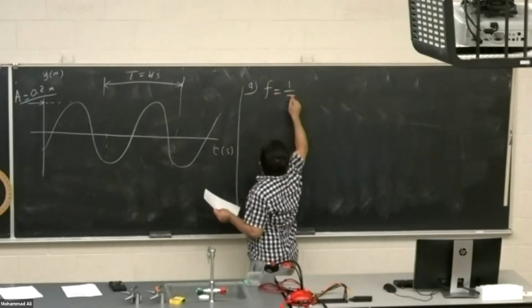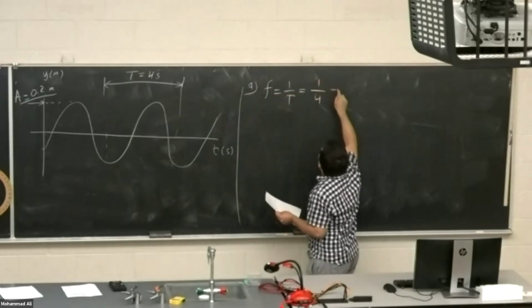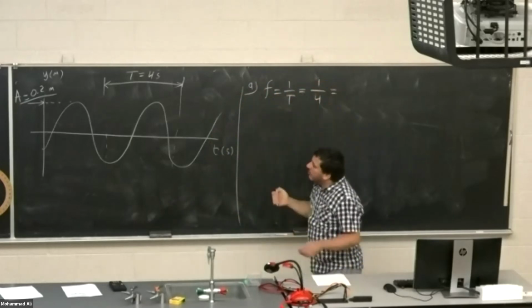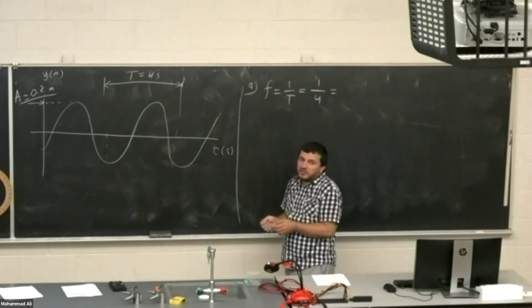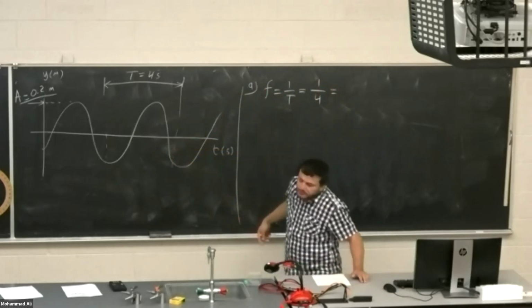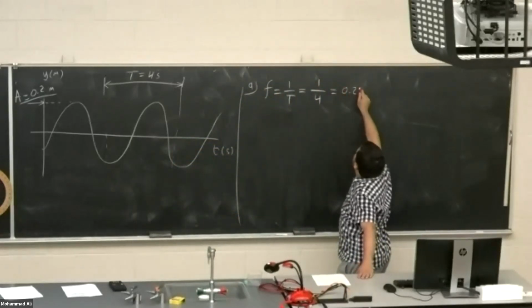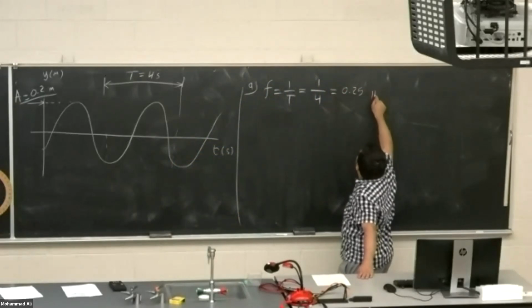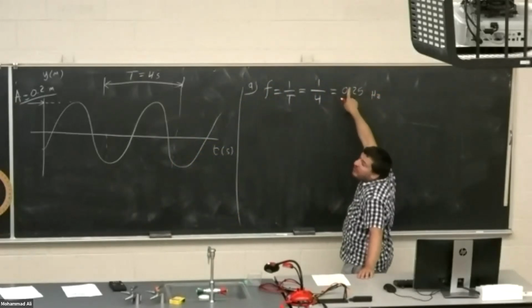It is 1 over T, so it is 1 over 4. When you see this shape in the exam, you need to take your information from the shape. 1 over 4 or 0.25, the unit is hertz. It means we have a quarter wave each second.